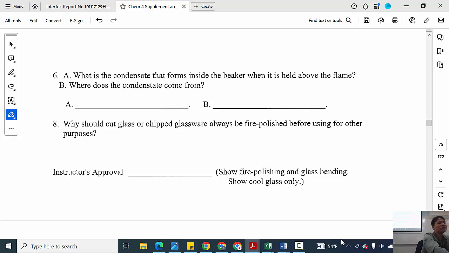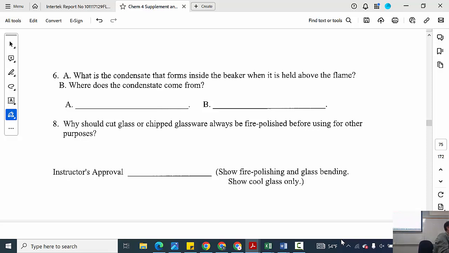So I have a non-luminous flame. Can you see it? And then I'm going to take a beaker and I'm going to hold it above and then watch the inside surface of the beaker. Do you see what's happening? Did you see it fog up?